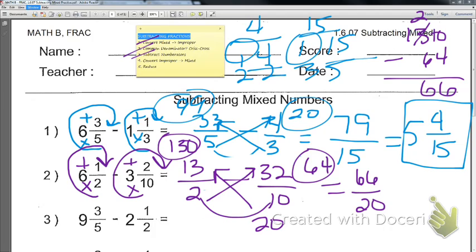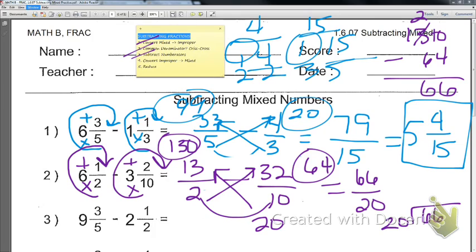Alright. Step 4, convert improper fractions to mixed numbers. Is that an improper fraction? Yep, because the numerator is larger than the denominator. It's top heavy. So what do we do? We put the top in the box. Divide by 20. How many times can 20 go into 66?